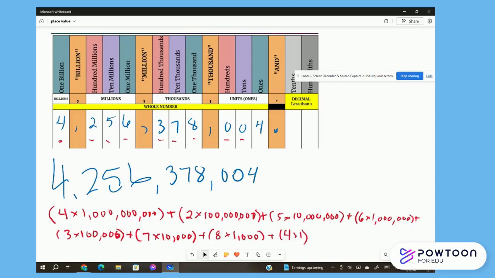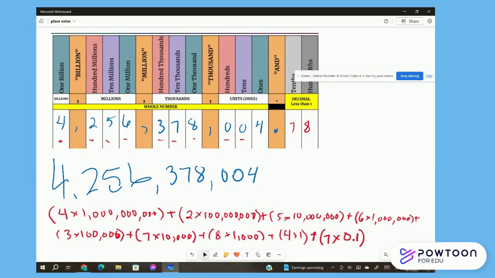Now let's say that we added a decimal. So let's add in 78 hundredths. Then all we have to do is do the same thing. So plus 7 times, and then whatever that place value is. So that is 1/10. So we are writing it as a decimal, 1/10.